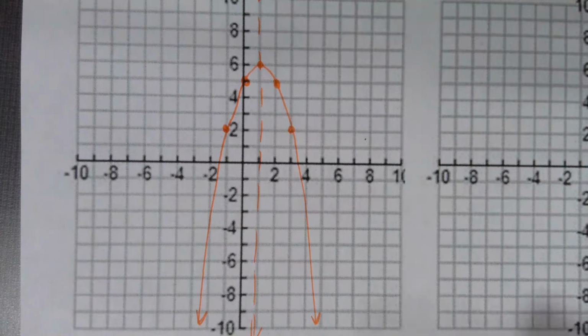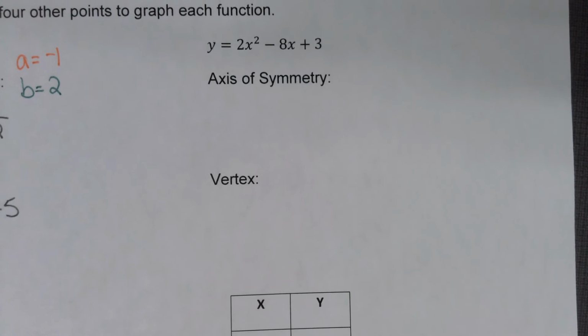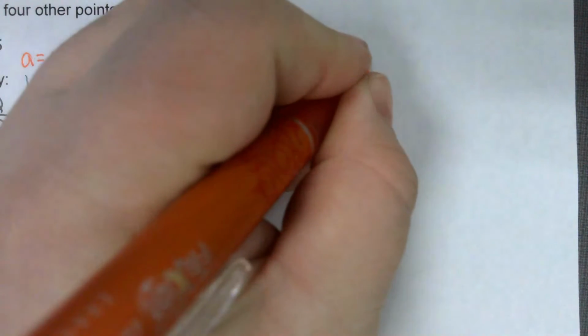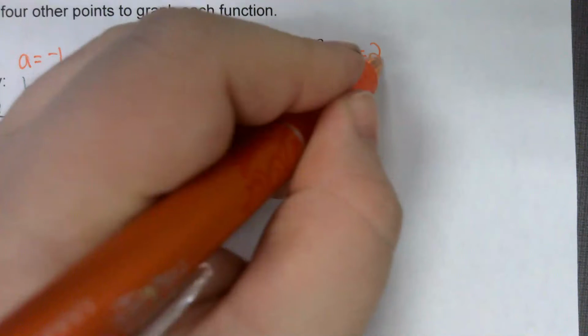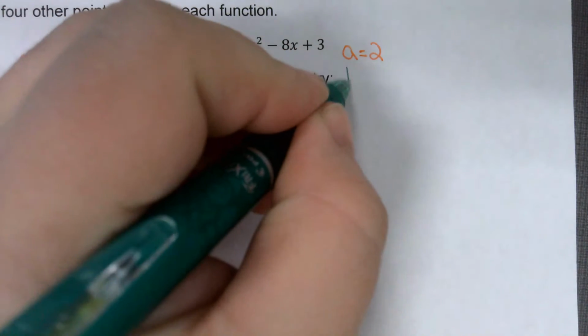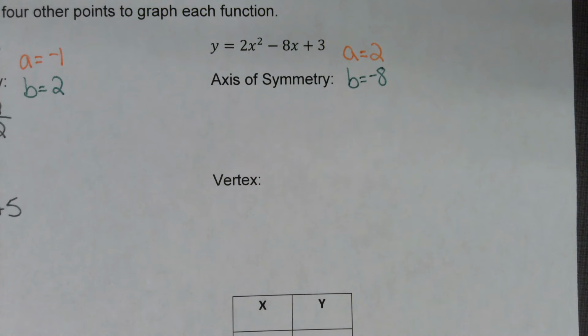Let's do the next one. We'll first find our axis of symmetry. That means we need to identify our A value. In this case, it's 2. And we'll identify our B value, which is -8, and plug it into our formula.